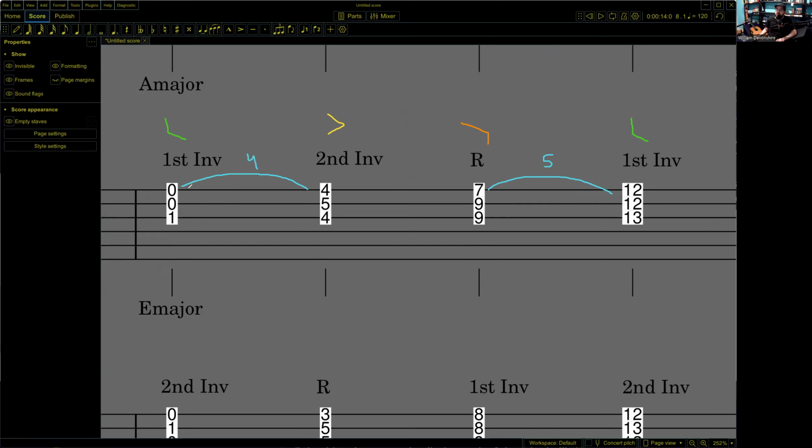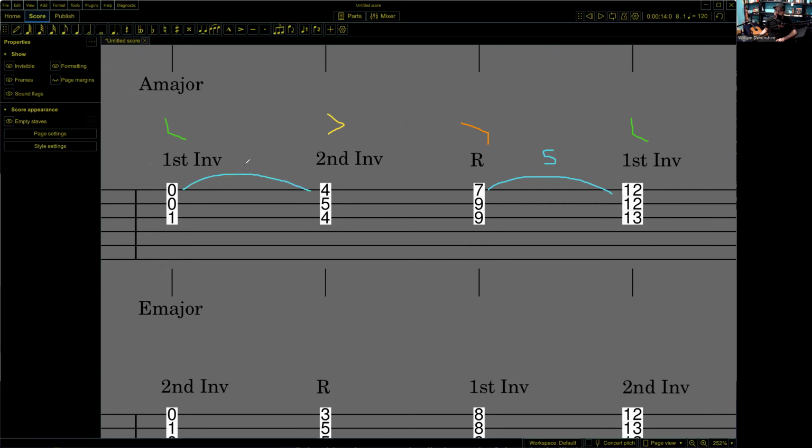In terms of 4, I mean the top one is 0, and I should have said that earlier, but it's from the top note to the top note. So this top note is 0, and this top note is 4. That's why I'm saying 4. It's a distance of 4. And this top note here is 7, and then this top note here is 12, so that's a distance of 5. Okay, so I'm going based off of the top note.